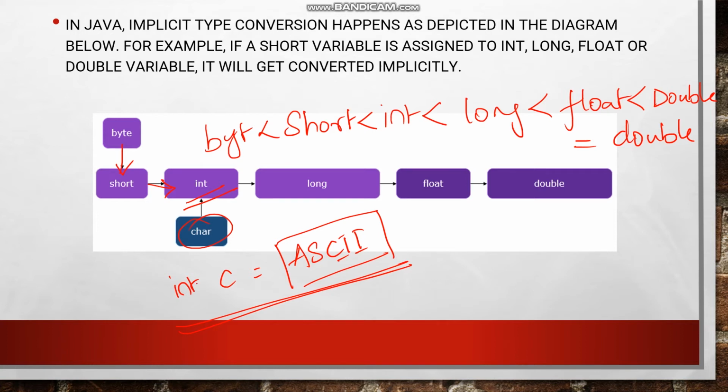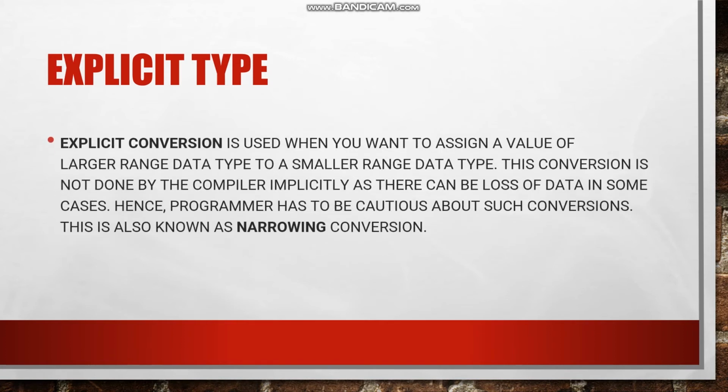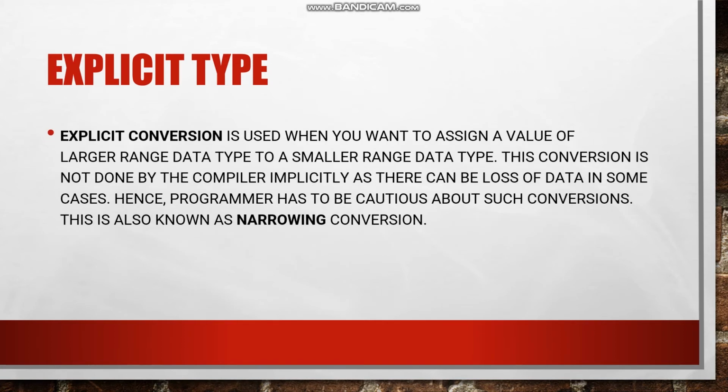Then int to long, long to float, float to double. This is the process. And the next is explicit type. Explicit conversion is used when you want to assign a value of a larger range data type to a smaller range data type.